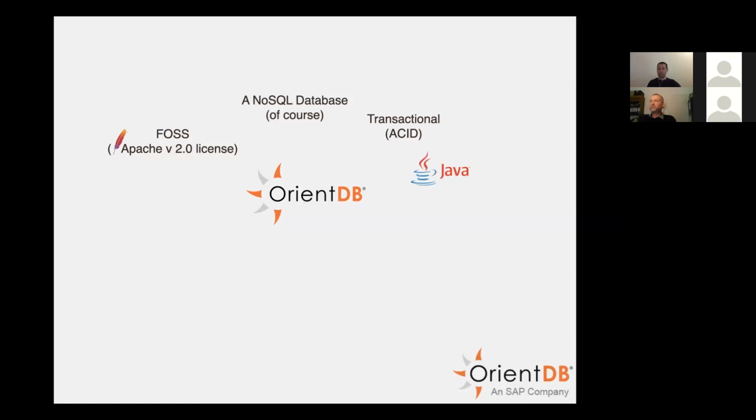It's completely written in Java. So this means many of you will probably know Java. It's a language that is also easy to approach for many reasons. So it's easy to embed in your application in case you want to embed it.